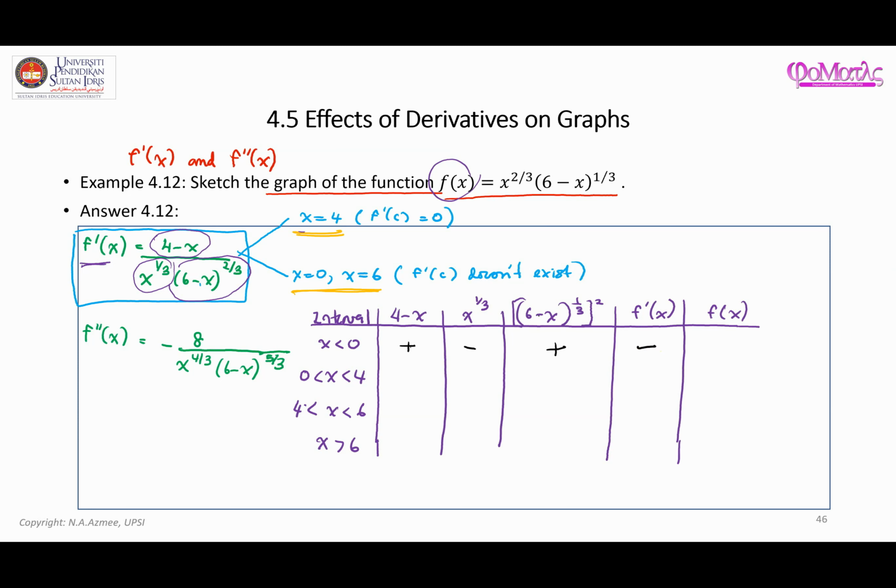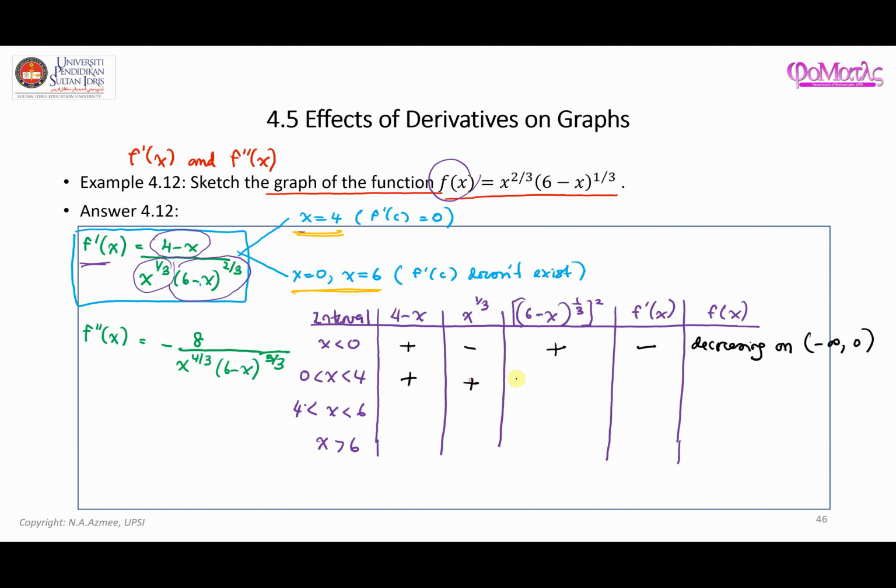And therefore we can say that this function is decreasing on the interval of negative infinity and 0, not including 0, and that's why we're using this round bracket. So for the second interval here, following the same idea, you will see that this one is going to be positive.